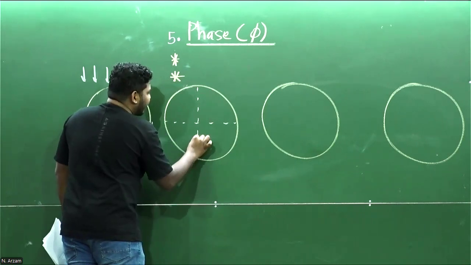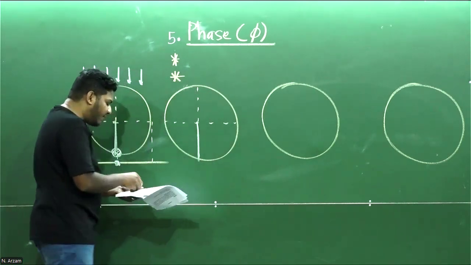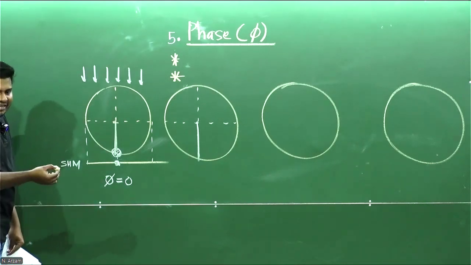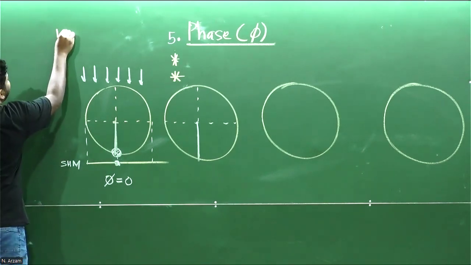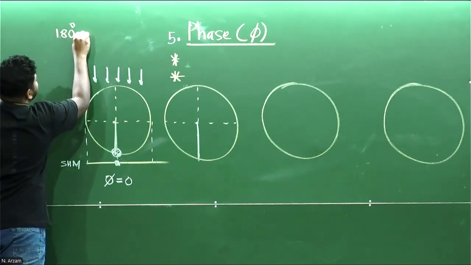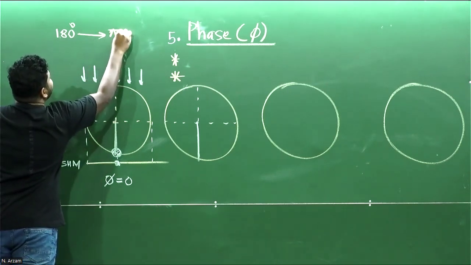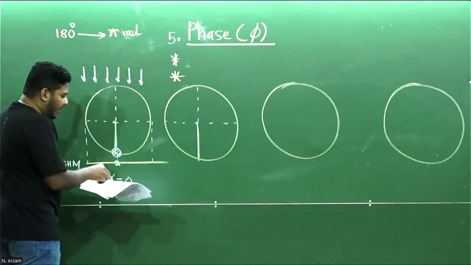Do you know the relationship between pi and degrees, radians and degrees? What is it? 180 degrees is equal to pi radian, or 2 pi radian? Pi radian. Right.